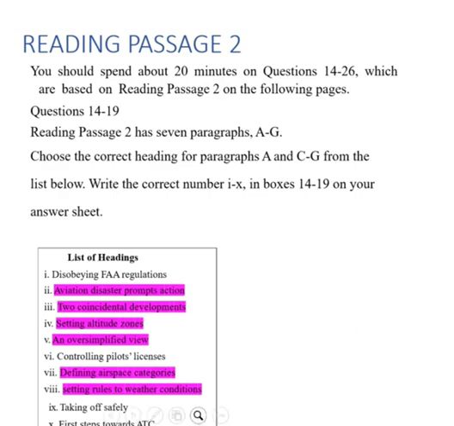Now, here are the instructions. Reading passage 2 has 7 paragraphs, A to G. Choose the correct heading for paragraphs A and C to G from the list below. Write the correct number, Roman figure 1 to Roman figure 10, in boxes 14 to 19 on your answer sheets.